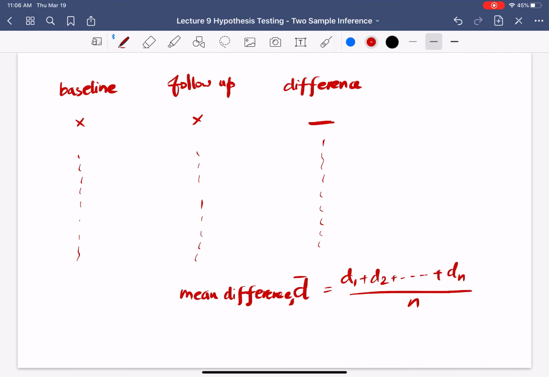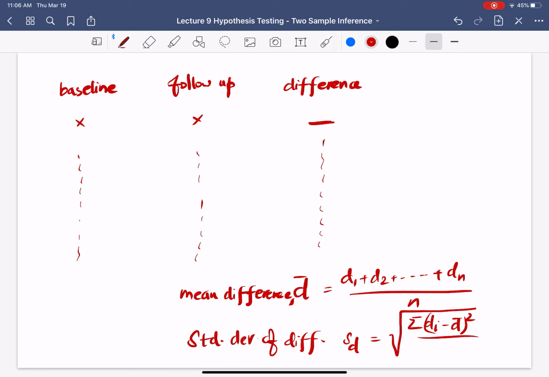And we take the standard deviation of the difference values, which we write as SD. The formula stays the same: square root of the sum of (di minus d bar) whole squared, divided by n minus 1. So this is the formula for the standard deviation of the difference.